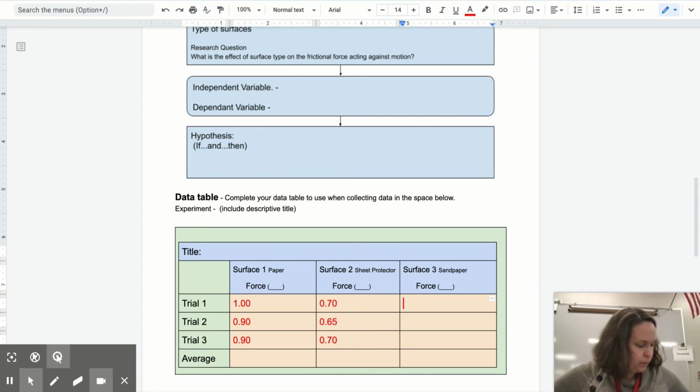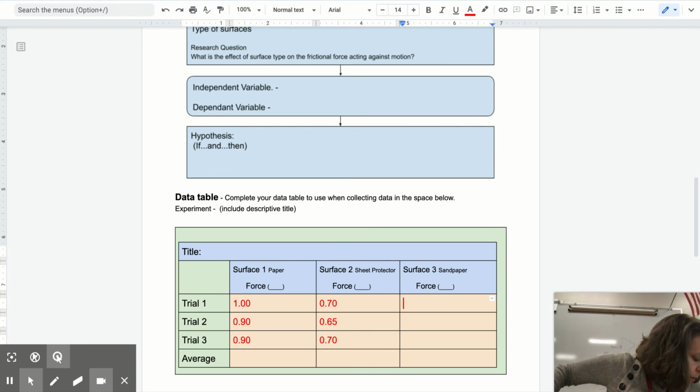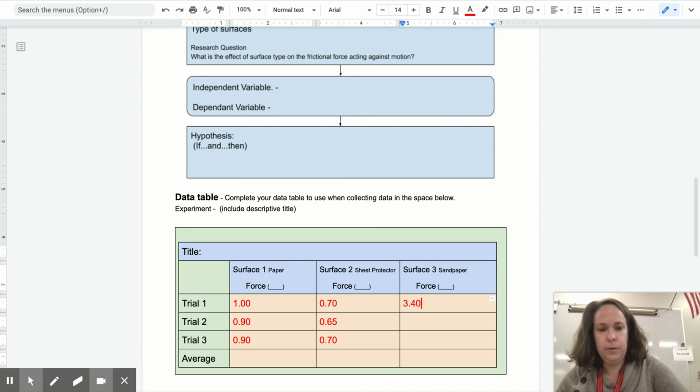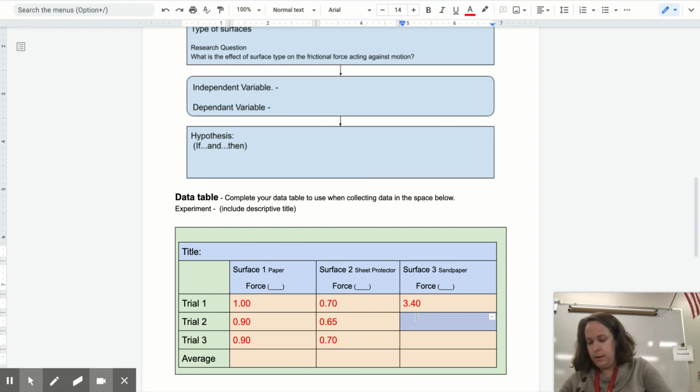Okay, there we go. This looks like 3.4 newtons for trial number 1. 3.40. All right, and trial number 2.